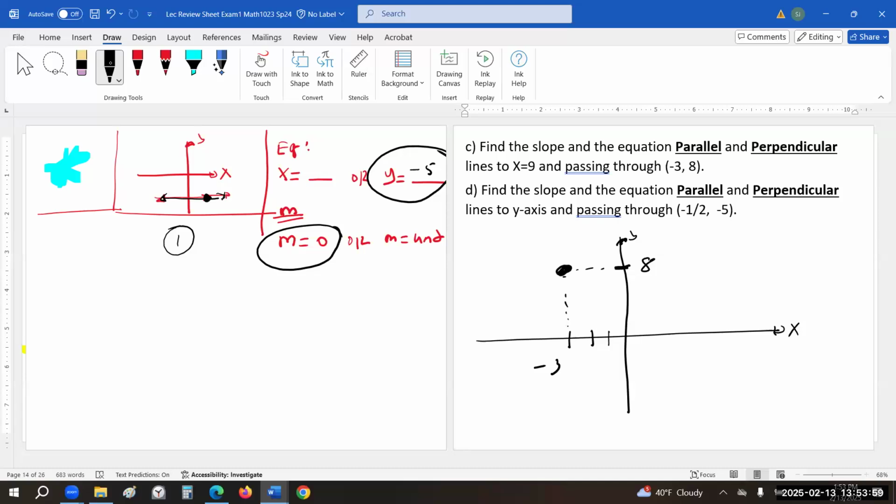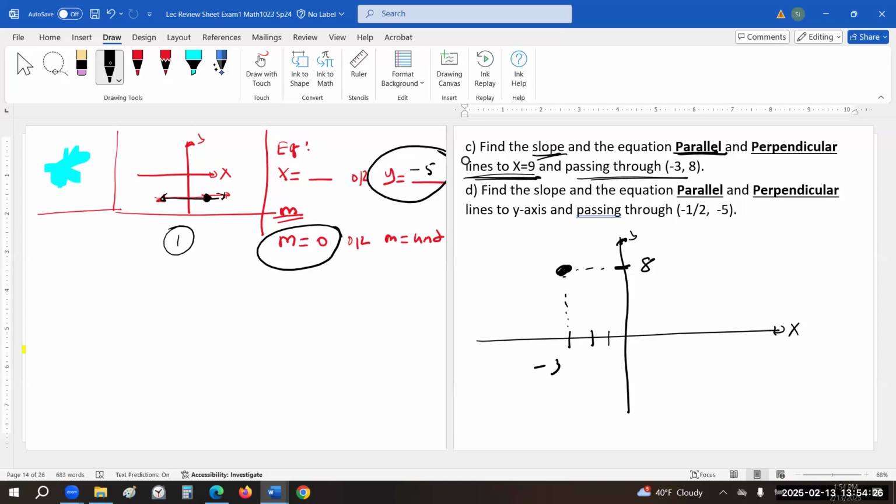Then see what they're asking. Let's do it one by one, starting with the slope of the line parallel to x equals 9, passing through the point -3, 8.